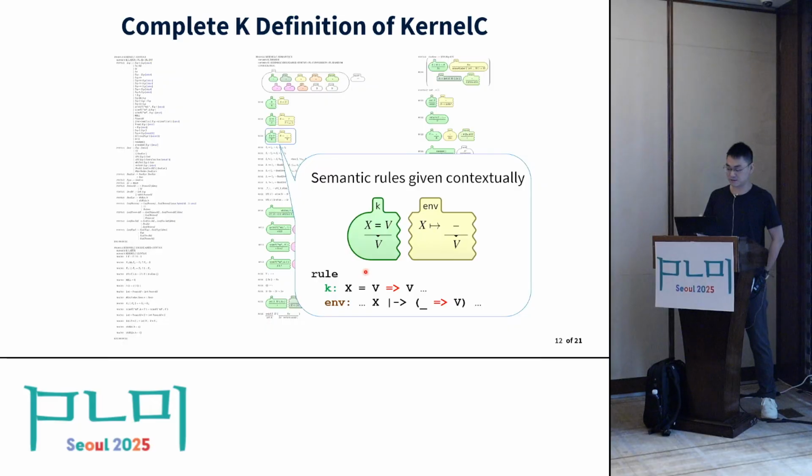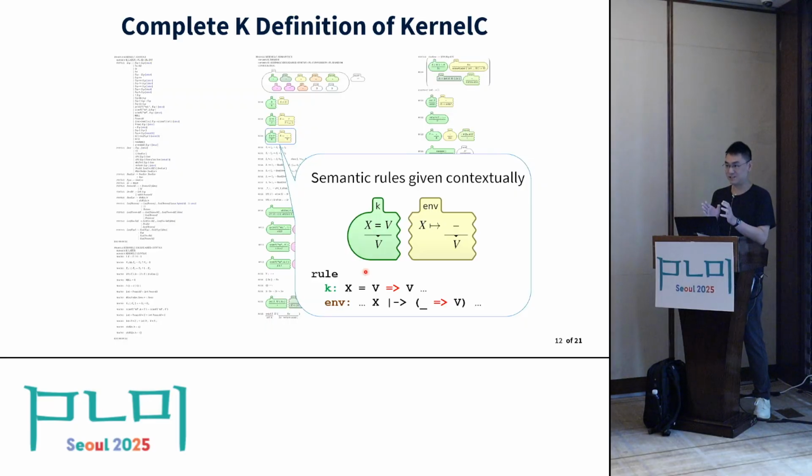So semantic rules are given contextually here. And the benefit of that is it makes semantics modular. Imagine I have C, and I start to add new features. Like I want to add threads. Let's make this kernel C multi-threading. Well, in order to do that, I need to add semantic cells holding the actual threads and so on. So I'm expanding my configuration of the language. But this rule stays the same. It doesn't need to change. Why?